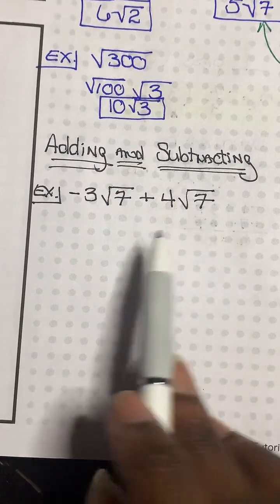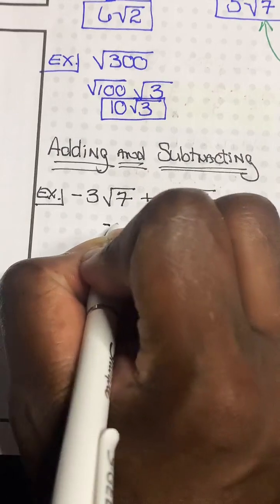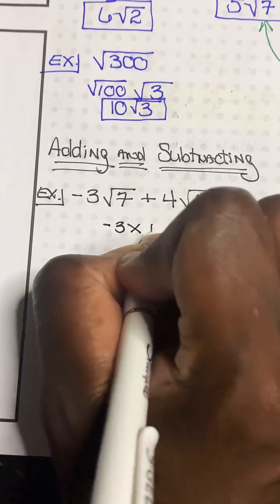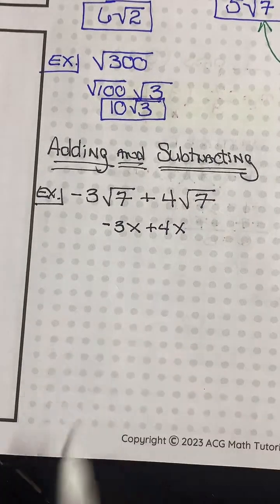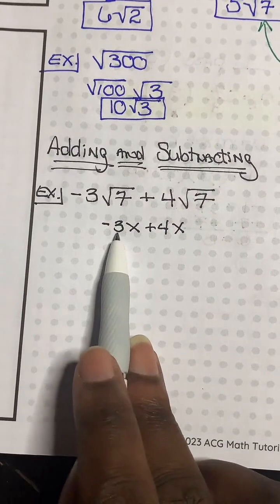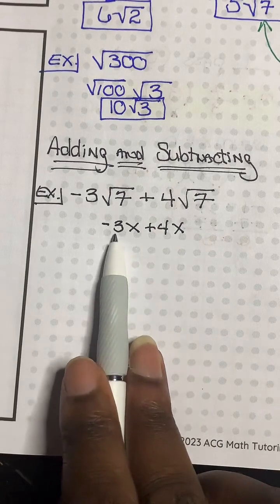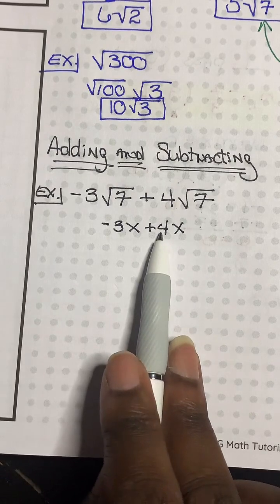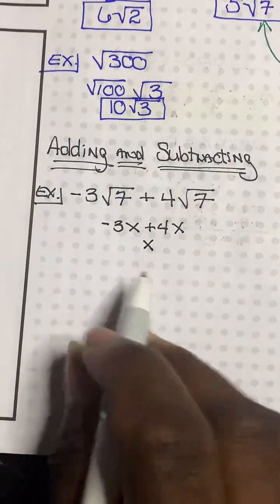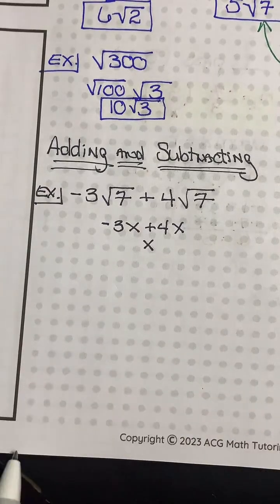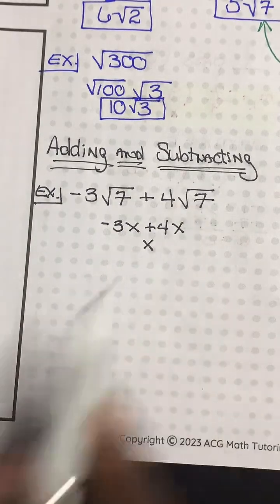If these weren't radicals, let's say they were x's, say I had -3x plus 4x. So we have -3 and then plus 4. You owed somebody $3, you paid them 4, that means you blessed them with $1. So that means you have 1x, or just x. The same exact thing is happening up here.